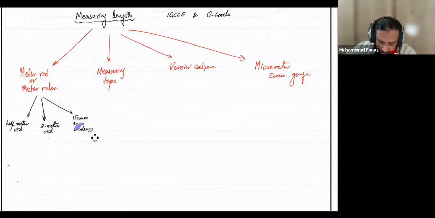Now, half meter rod or 2 meter rod, where are they all used? What are the conditions in which we can use them?